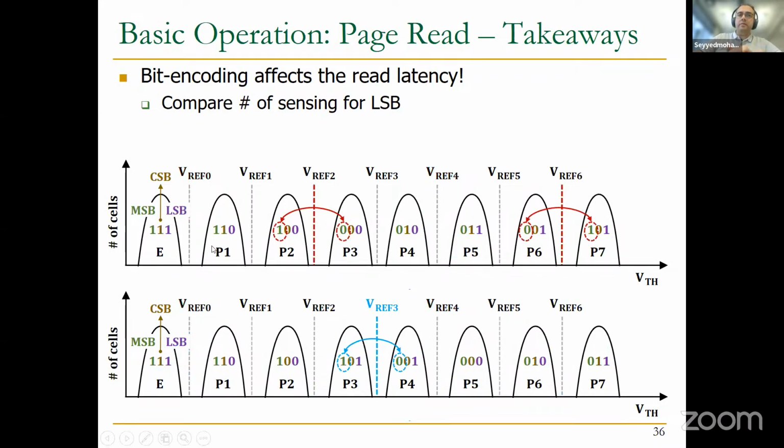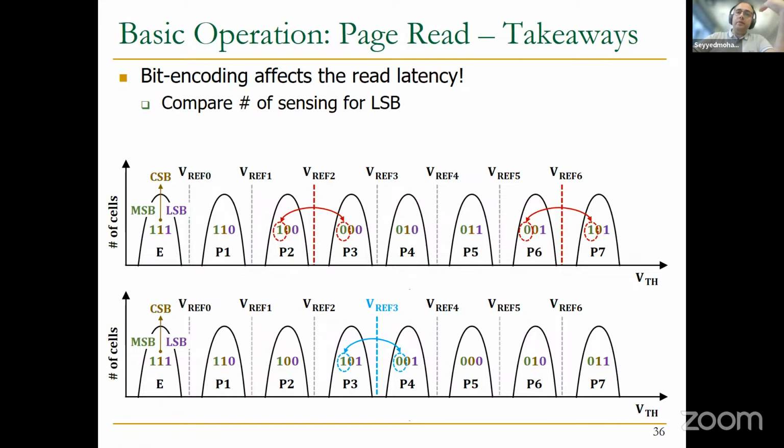For the MSB in the first encoding, you only need to apply VREF2 and VREF6. But in the second encoding, you need to apply only 1 reference voltage, because all the MSB bits that are 1 have a threshold voltage less than reference 3, and the remaining are higher than reference 3. So you need to apply only reference 3 to read the MSB in this encoding scheme. So you can see some trade-off here.